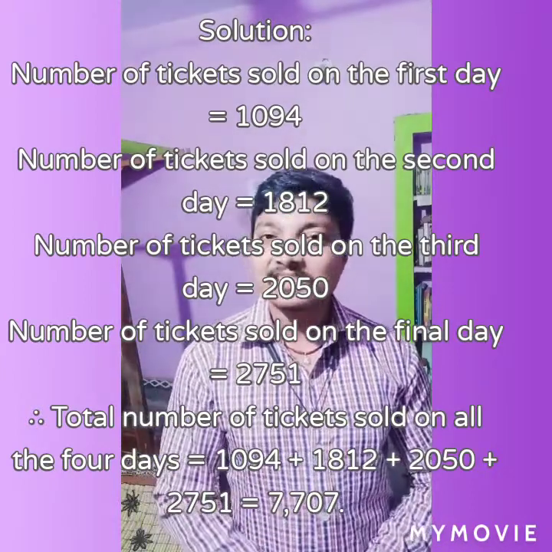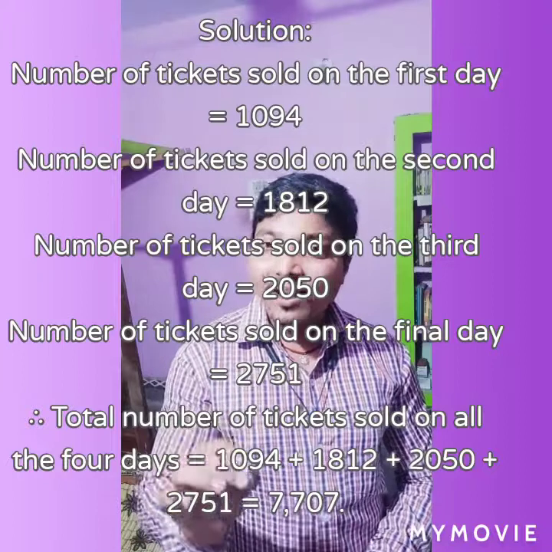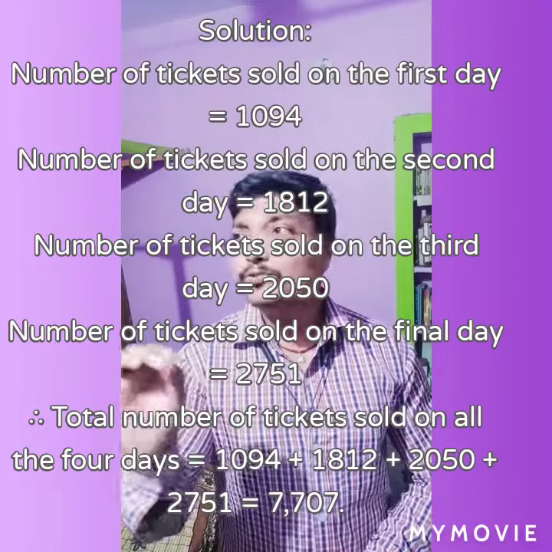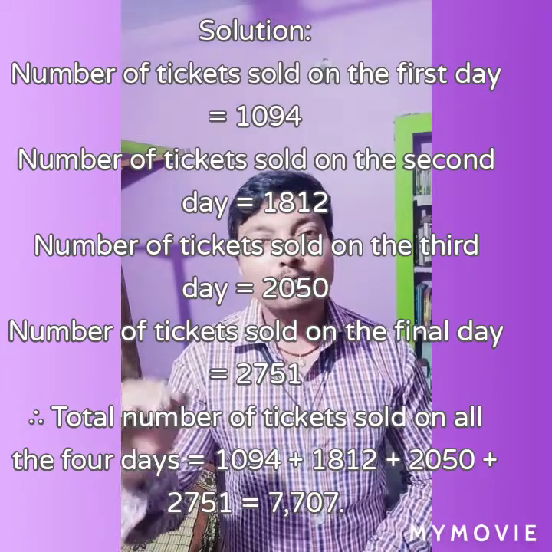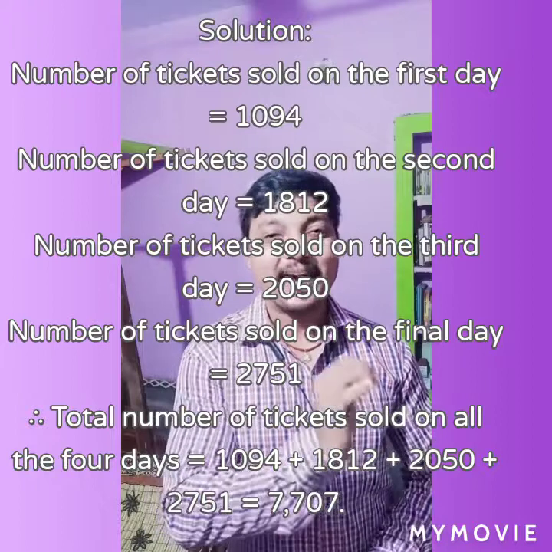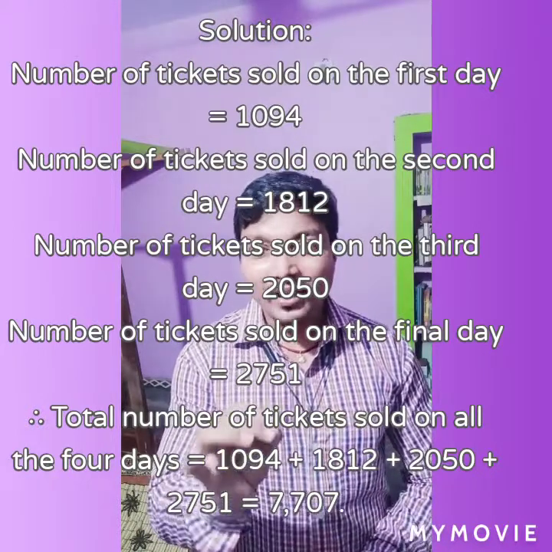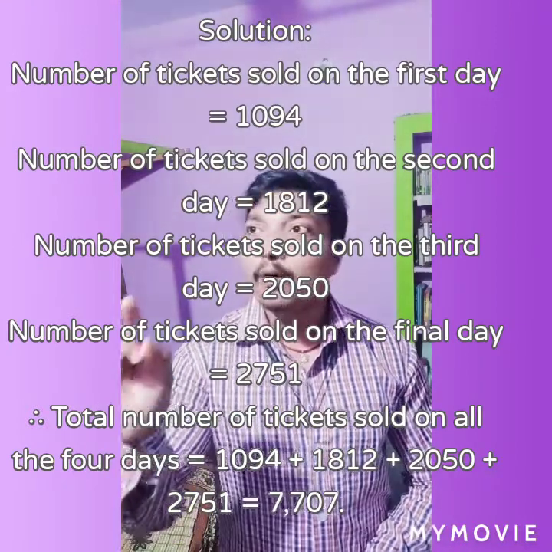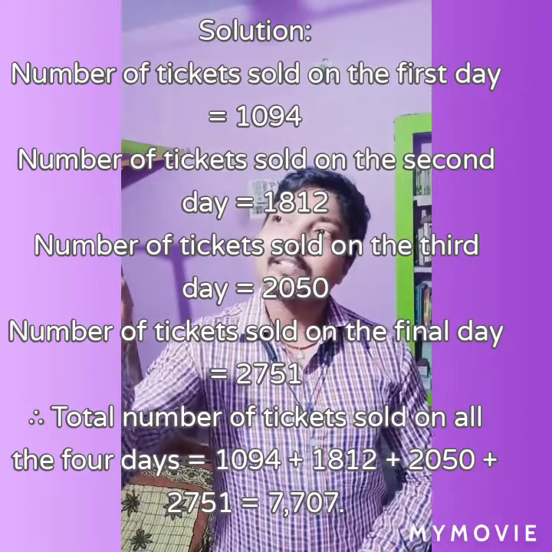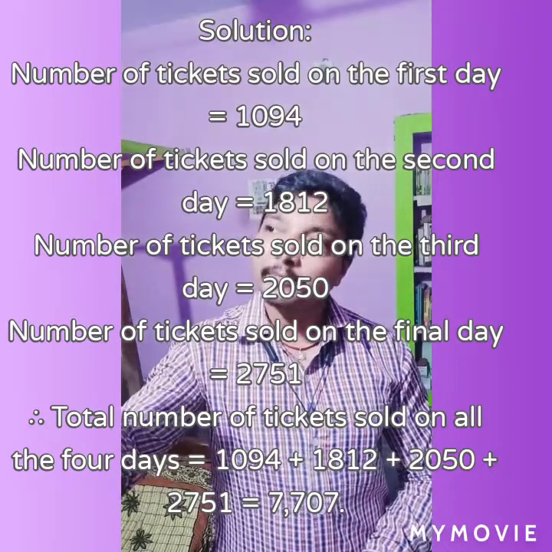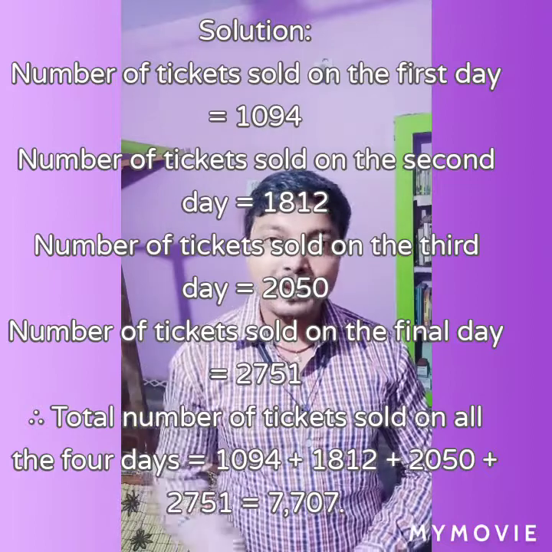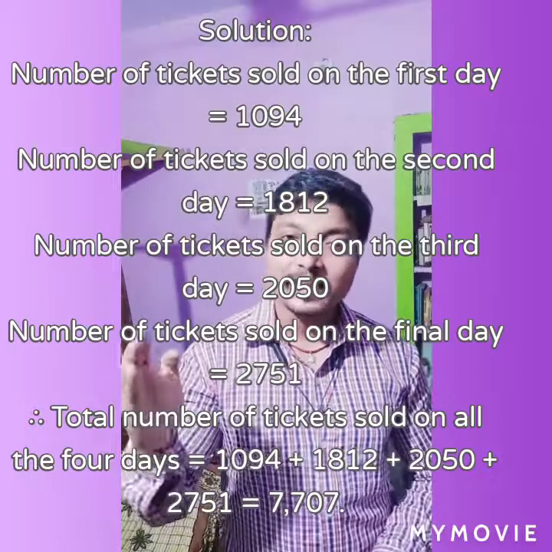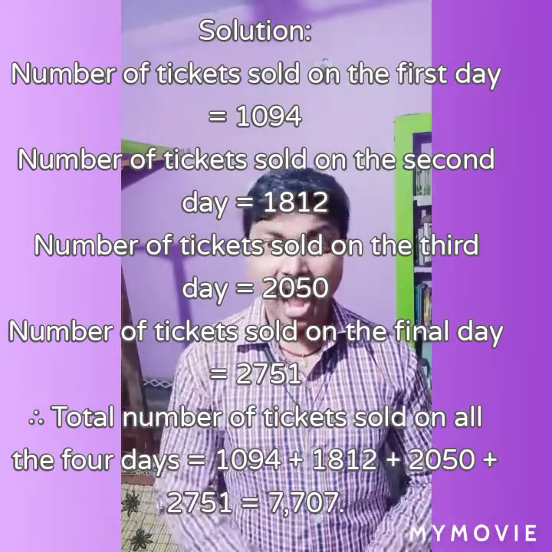Number of tickets sold on the third day is equal to 2050 and on the fourth day is equal to 2751. Your final sentence is: so the total number of tickets sold in the 4 days is equal to 1094 plus 1812 plus 2050 plus 2751. After adding all using the column method on your rough side, you will get the answer. It is 7707.